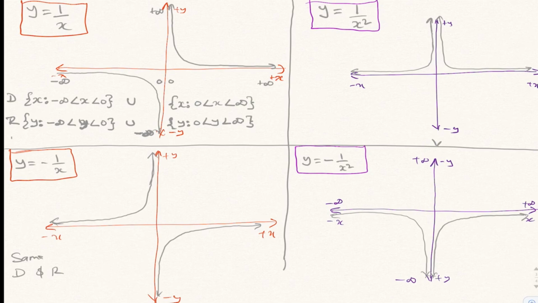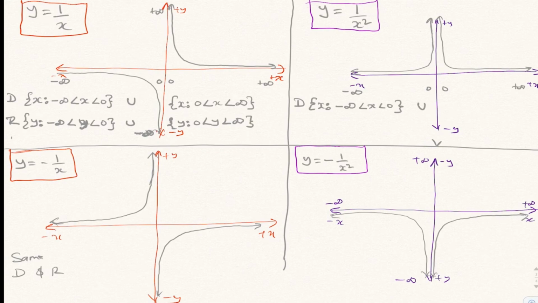For 1 over x squared, the domain describes the x-axis, as we know, x colon. We're going from minus infinity to 0, then 0 to plus infinity. So we write minus infinity. You always start from the left, and then less than x is less than 0. Close the curly bracket. Union, because there's a break.